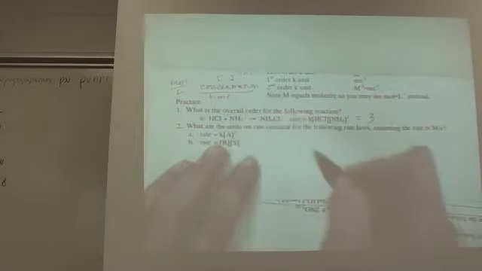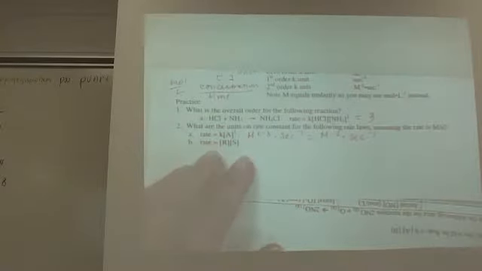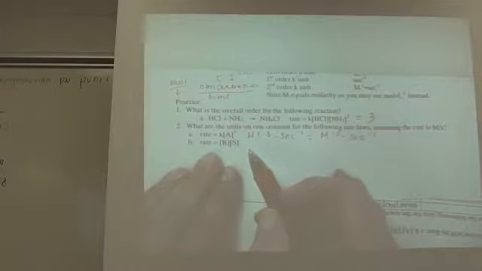Okay, the overall order of this reaction is? So it would be molarity to the 1 minus 3 times second to the -1, which resolves to... Can you just write it over seconds? Yep.